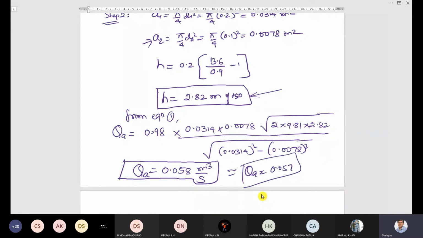Sometimes he may ask you to convert into liters. Multiply with 1000. That is 58 liters per second. Okay, that is the value. So this is the final answer of actual discharge. Actual discharge 0.057, convert into liters, 58 liters per second.